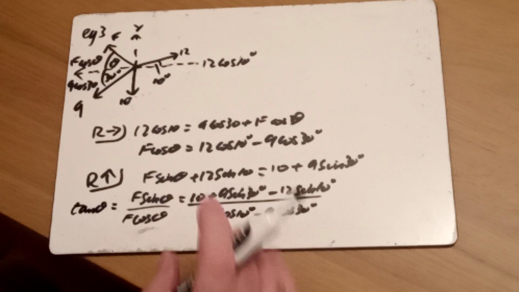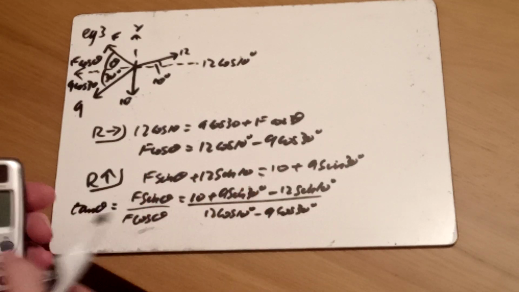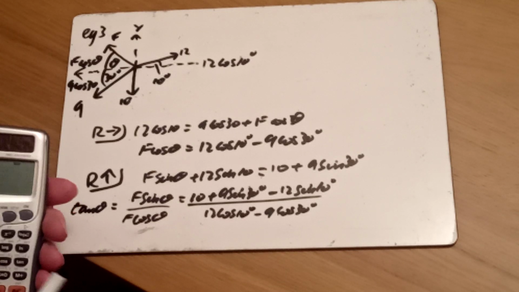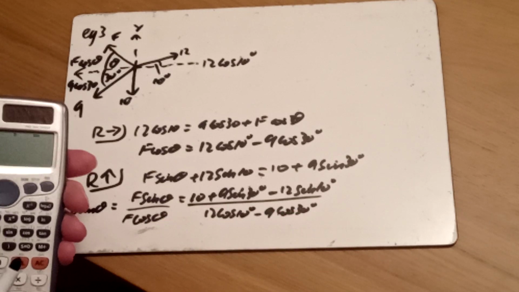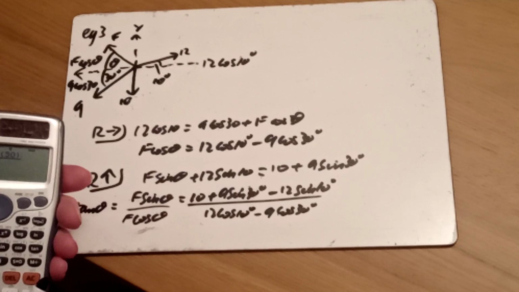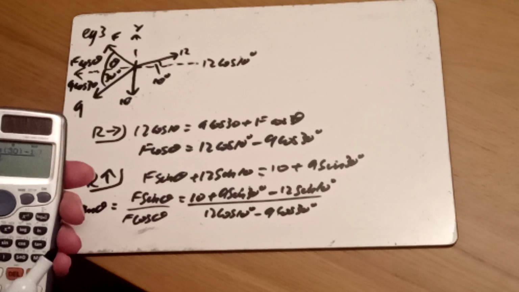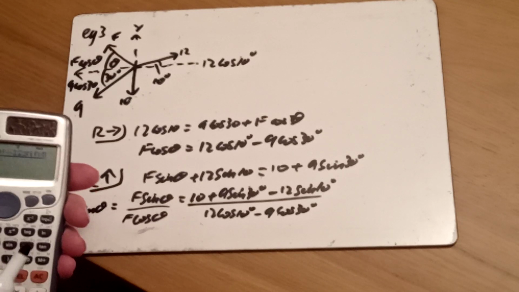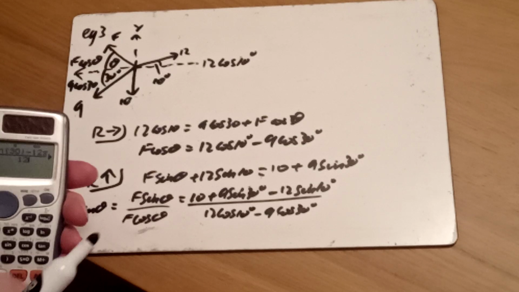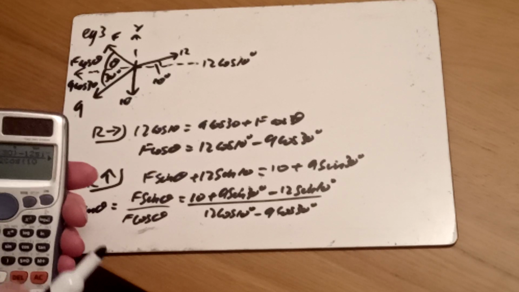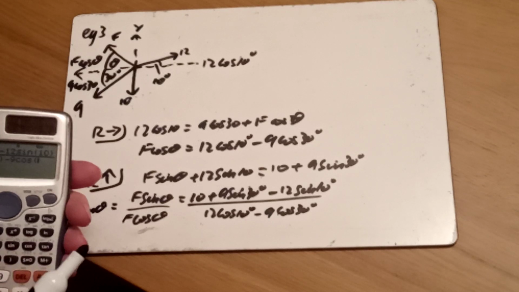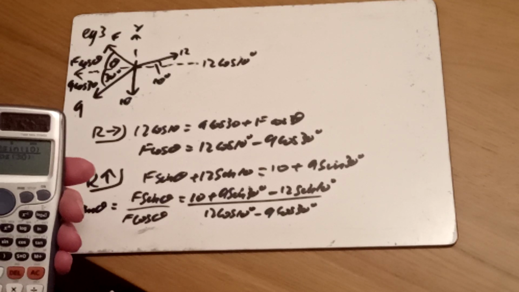As you notice, I haven't tried to work out what these things are as decimals, because in doing so I would have to round off and possibly lose accuracy. I've kept them in terms of how they look, so 10 plus 9 sine 30, close brackets, minus 12 sine 10, close bracket, divided by 12 cos 10, close brackets, minus 9 cos 30, like that.